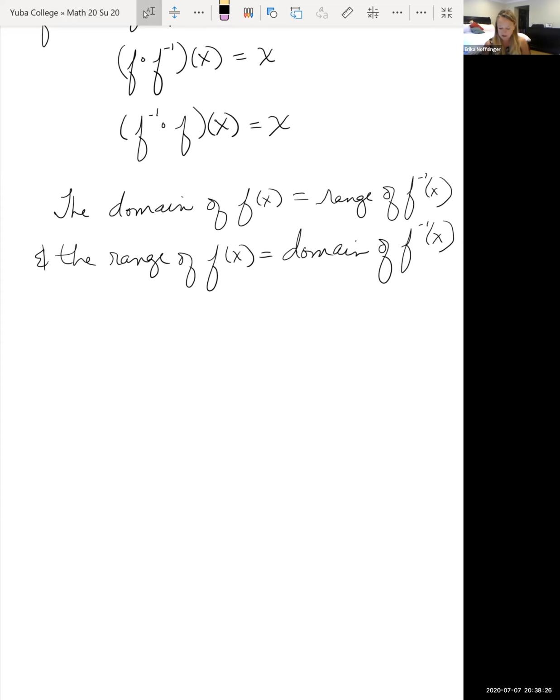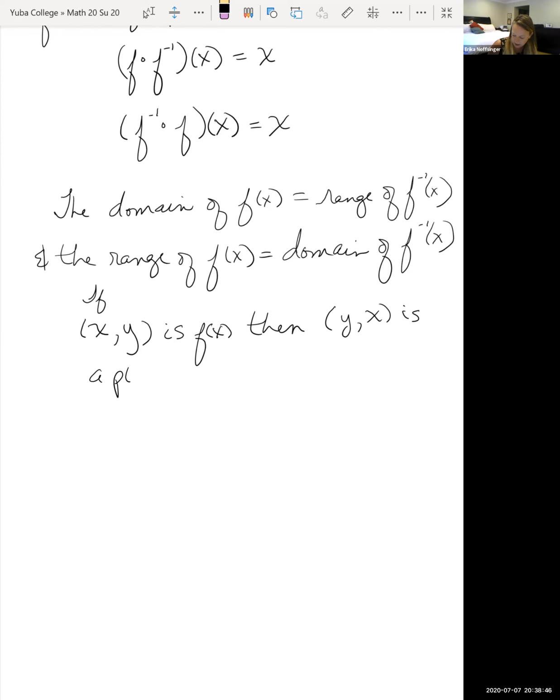Another way to say this too, and this will help if you're looking at graphs: if x, y is on f of x, then y, x is a point on f inverse of x.